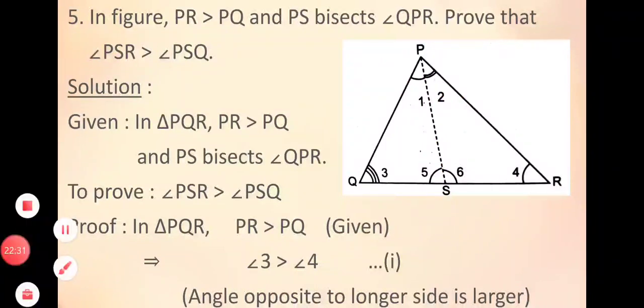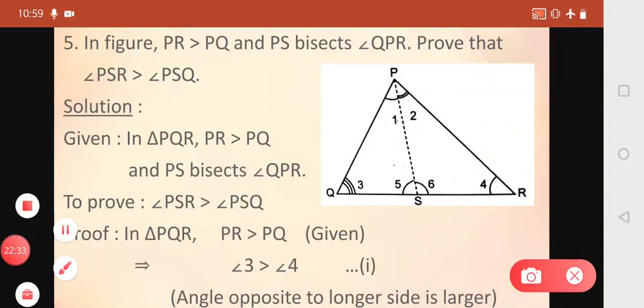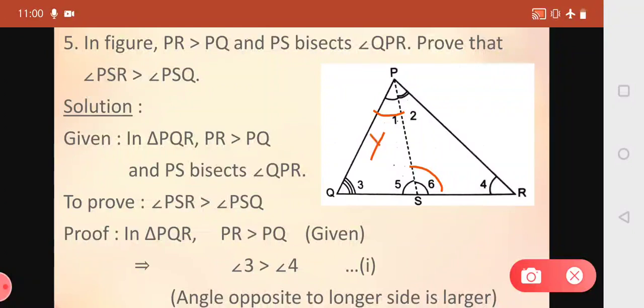Further, we can also see in the figure that angle 6, this is our angle 6, is equal to angle 1 plus angle 3. Why is this so? According to the exterior angle property of a triangle.